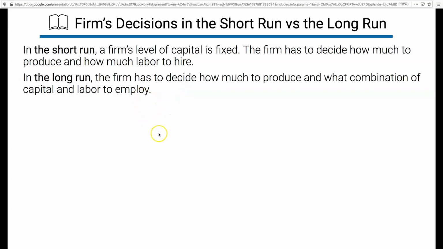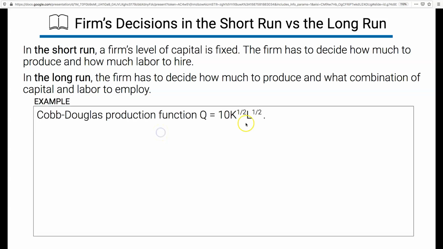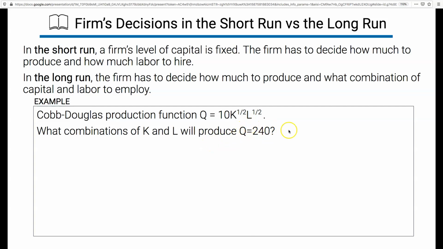So let's return to the example that I've been using throughout this textbook chapter. I'm going to look at the Cobb-Douglas production function where the output is 10 times square root capital square root labor. And the question that I want to ask is, suppose we want to produce 240 units of output. What combinations of capital and labor will do that? I can give you examples of answers.